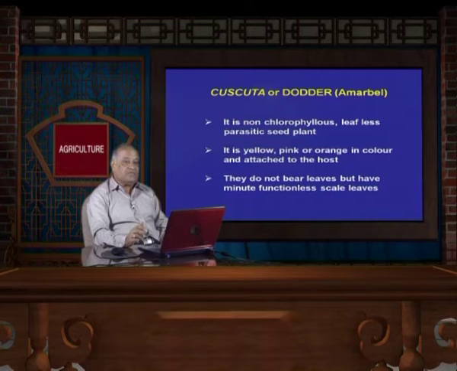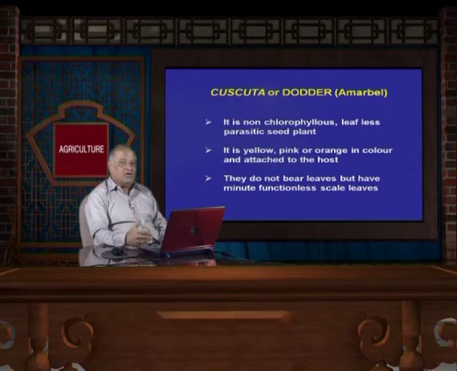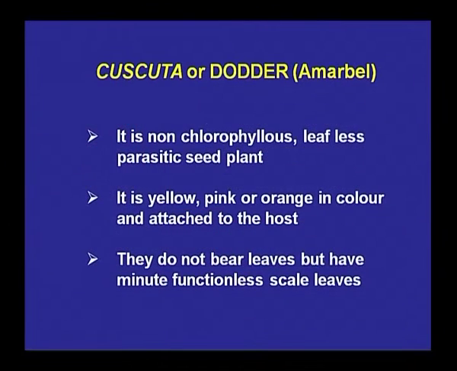Now we take the cuscuta or the dodder, vernacularly known as amarbale also. It is a non-chlorophyllous, leafless parasitic seed plant. It is yellow, pink or orange in color and attached to the host.